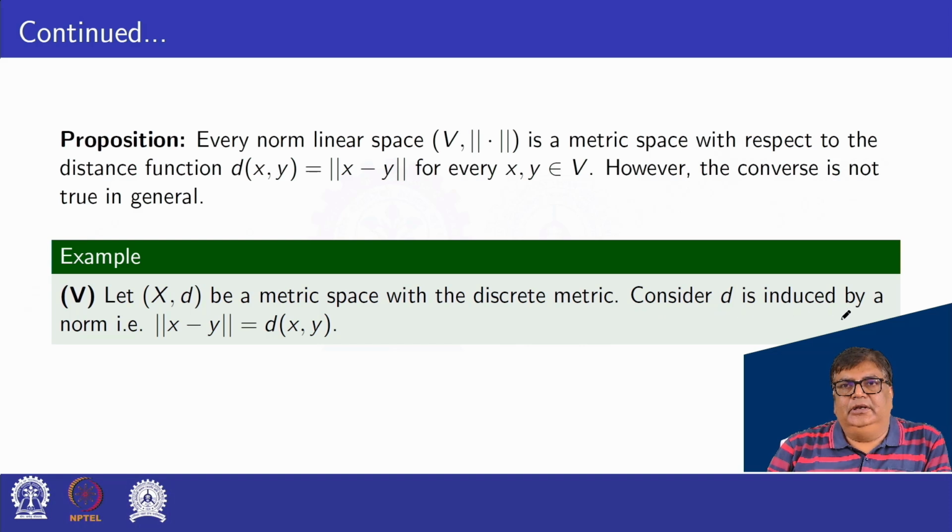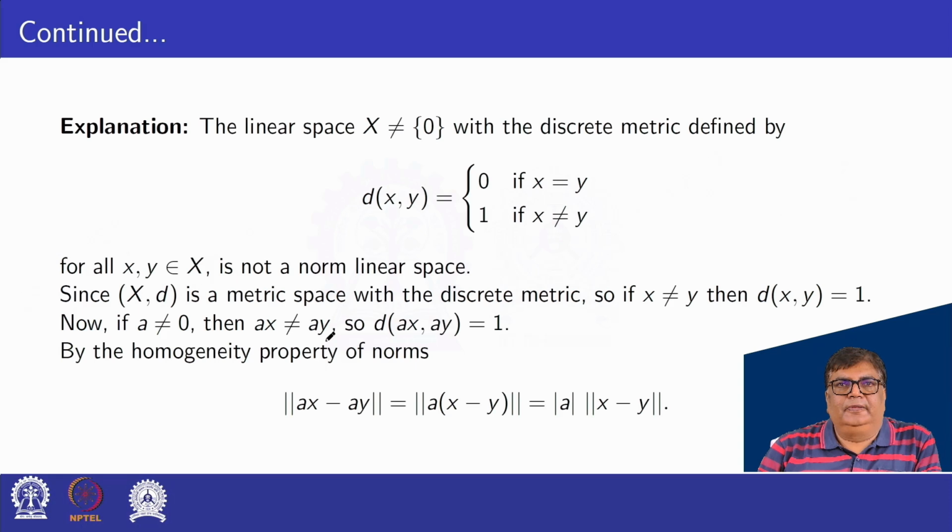Consider d induced by a norm, norm x minus y equal to d(x, y). Here the discrete metric is defined as d(x, y) equal to 0 if x is equal to y and 1 if x is not equal to y, for all x, y belonging to X.